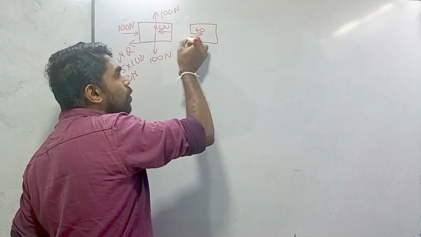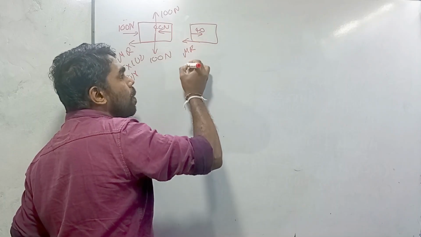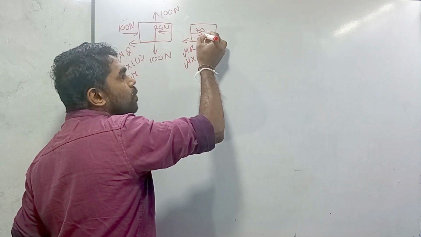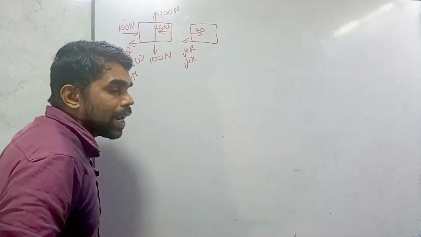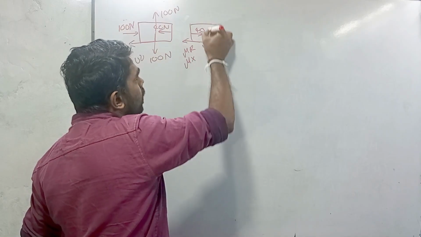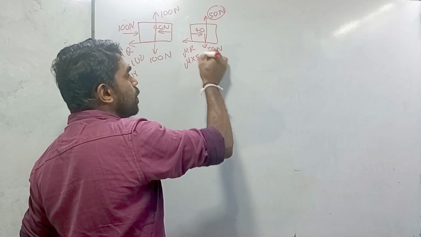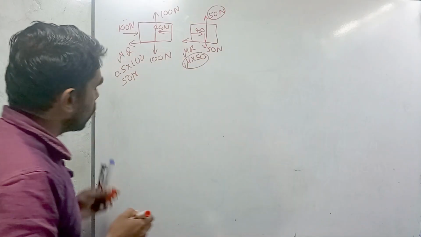There is a frictional force on this object. I will consider it as mu R. The mass of the object is 5 kilograms, therefore the weight is 50 Newton and the reaction is also 50 Newton. Then the friction is mu times 50.